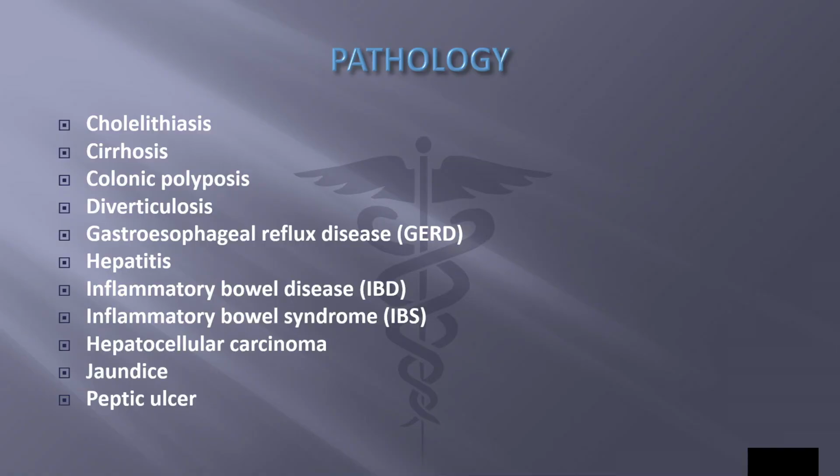Colonic polyposis, condition in which polyps protrude from the mucous membrane lining the colon. Diverticulosis, abnormal condition of small pouches or sacs, diverticula, in the wall of the intestine, often the colon. Diverticulitis is inflammation and infection within diverticula.